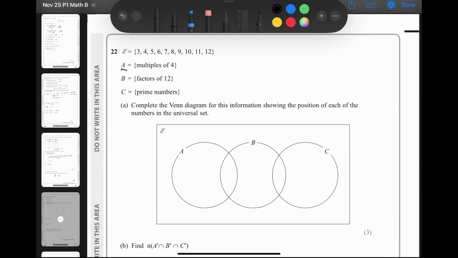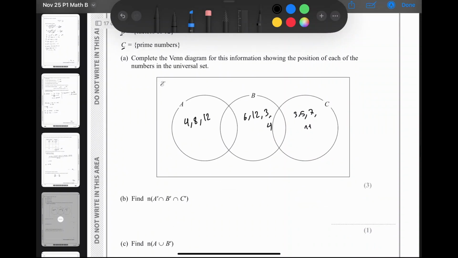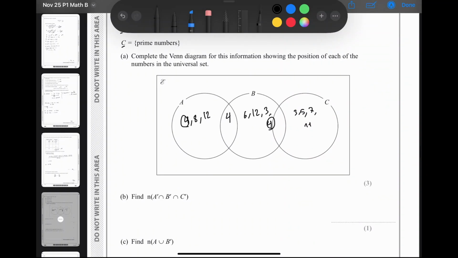For question 22, for A, first we will separate the universal numbers into the groups of A, B, and C. Then we will get rid of the repetitions and write them in their unions.